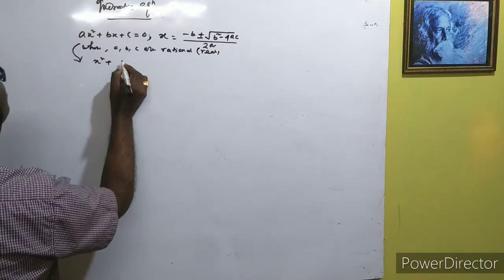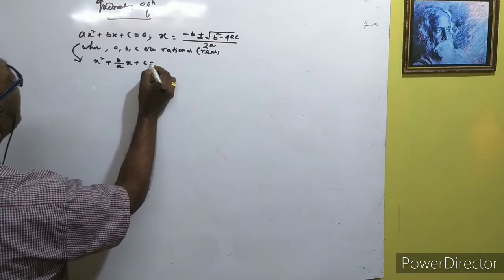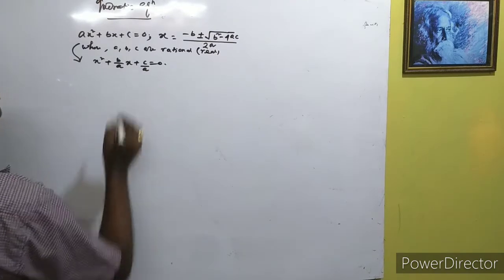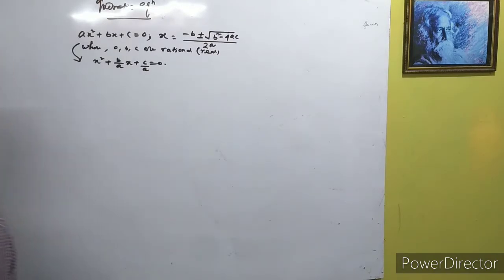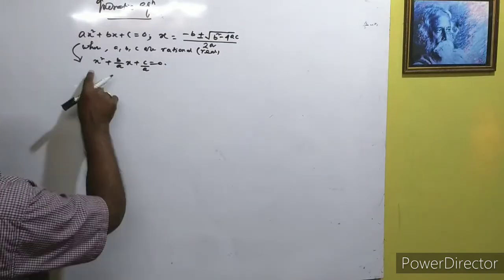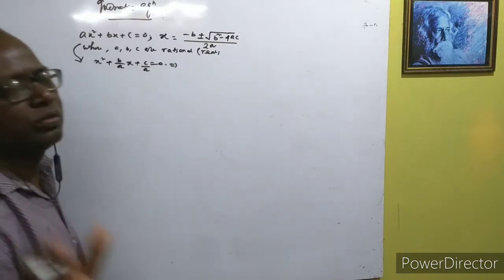The formation is here: x² divided by a on both sides. So the formula, how is it possible, x = (-b ± √(b² - 4ac)) / 2a. See here, first we divide by a, then we get this, and form a whole square pattern.